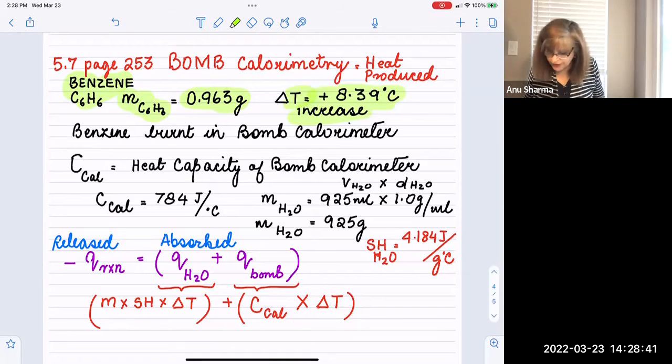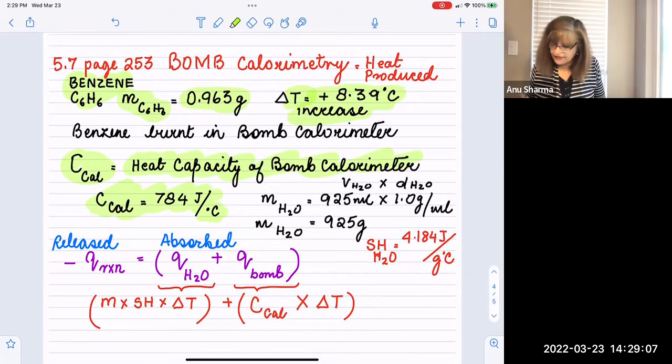Now benzene is burnt and nothing is left. So the heat involved is absorbed also. Some of the heat is absorbed by the bomb calorimeter, and that depends upon the heat capacity of the bomb calorimeter, which is 784 joules per degree Celsius.